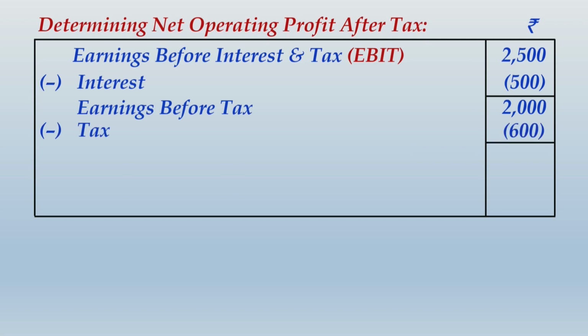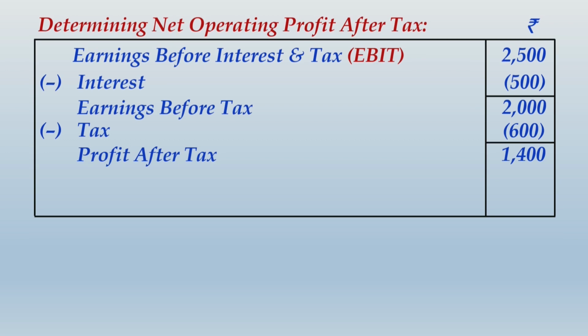So 30% of 2,000 would be 600. Subtracting that, you will get profit after tax. Now, this is profit after tax. We want net operating profit after tax. So the post-tax effect of the amount of interest would be added back. What would be the post-tax effect of interest? I have explained you that also.